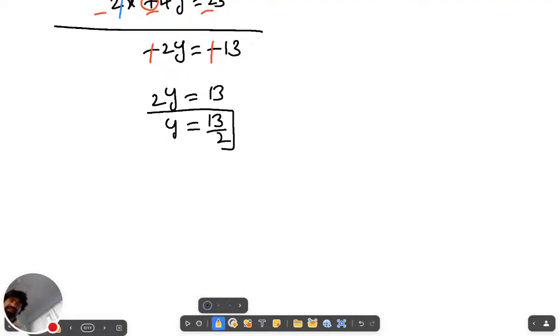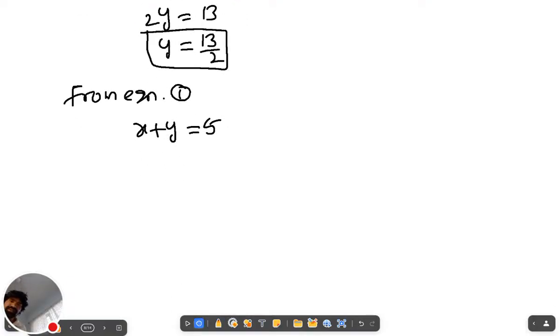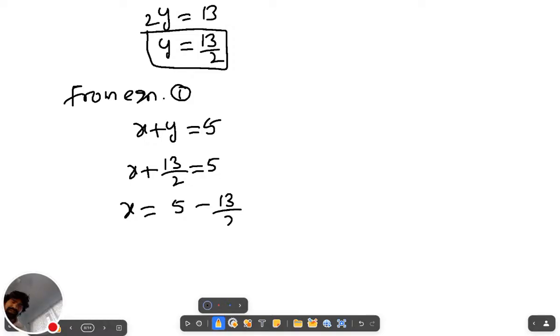So what do we get here? From equation 1, x plus y is equal to 5, right? Let's substitute the y value 13 by 2. x plus 13 by 2 is equal to 5. Okay, send 13 by 2 to the right side. Now x is equal to 5 minus 13 by 2.